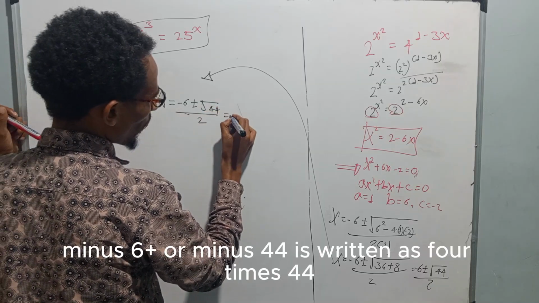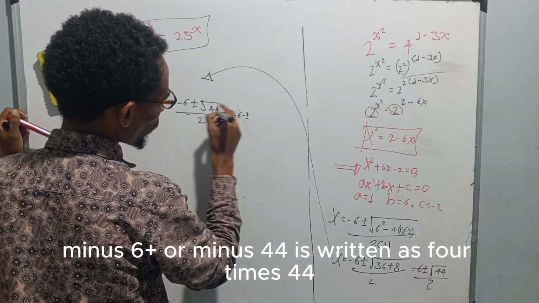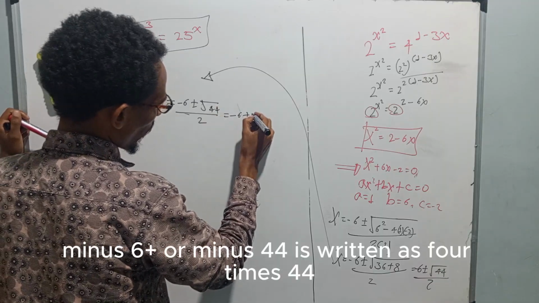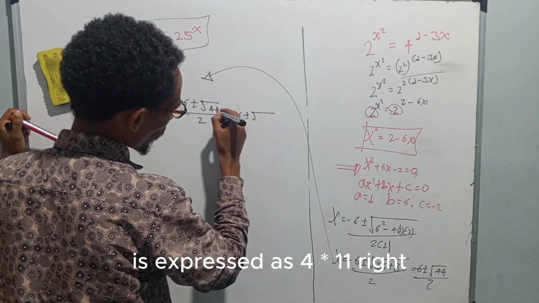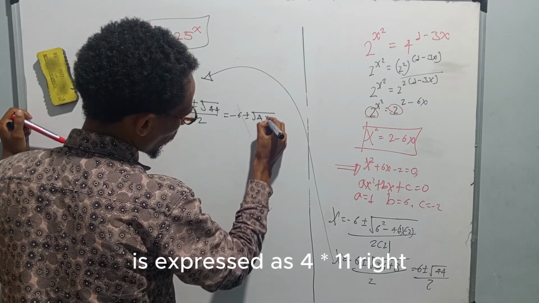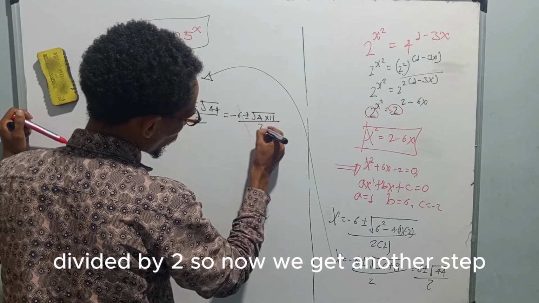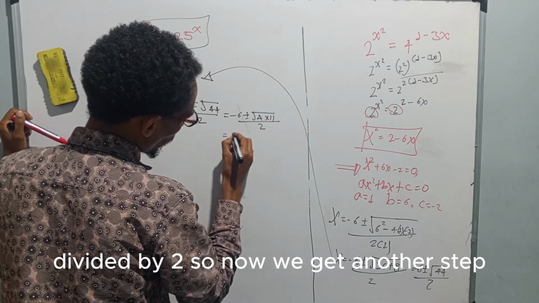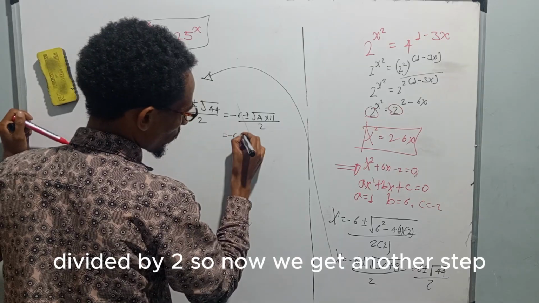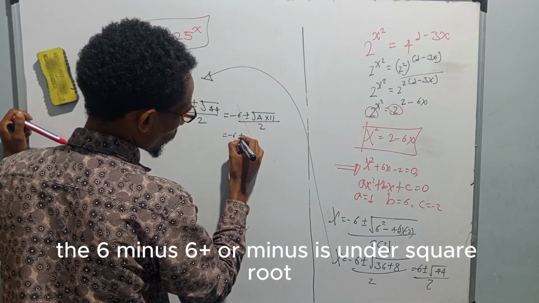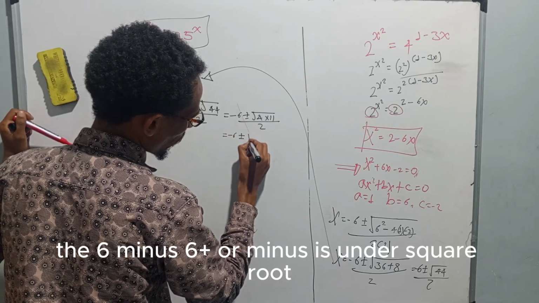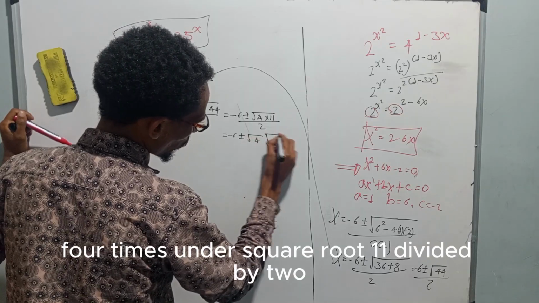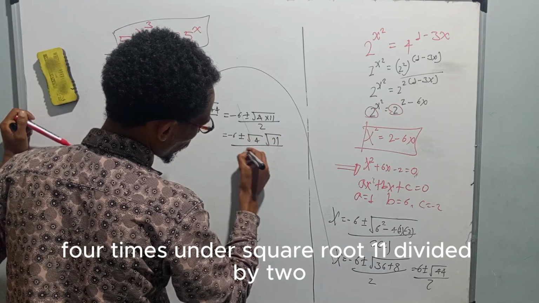So now the square root of 44 is written as the square root of 4 times 11, divided by 2. So now we get another step: minus 6 plus or minus the square root of 4 times the square root of 11, divided by 2.